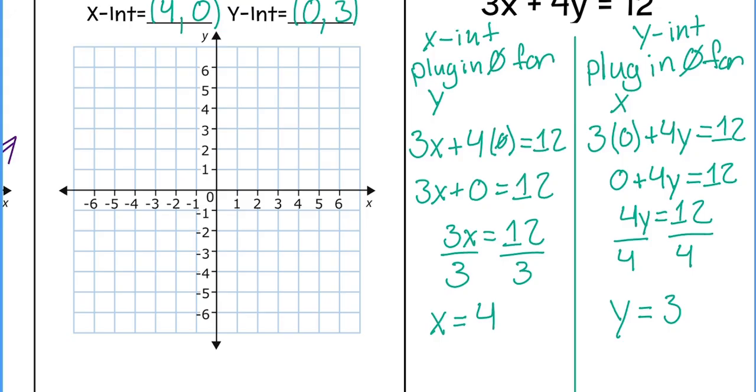So for my x-intercept, I'm going to find 4 on my x-axis and put a little dot. And for my y-intercept, I'm going to find 3 on my y-axis and put a little dot.